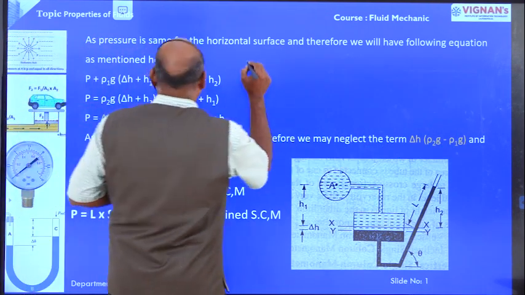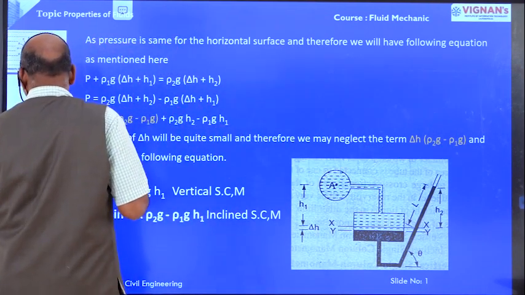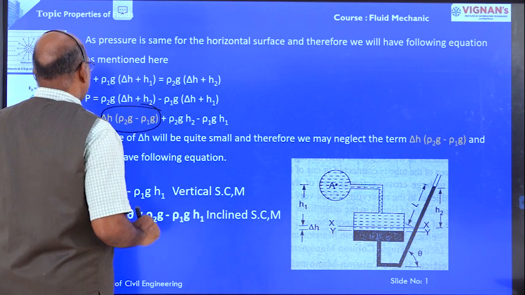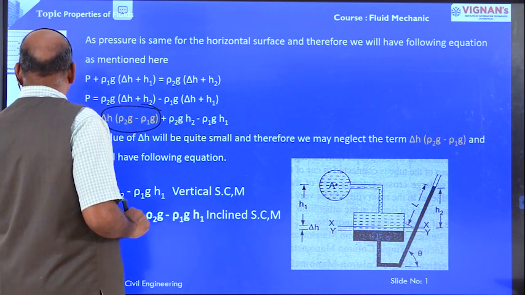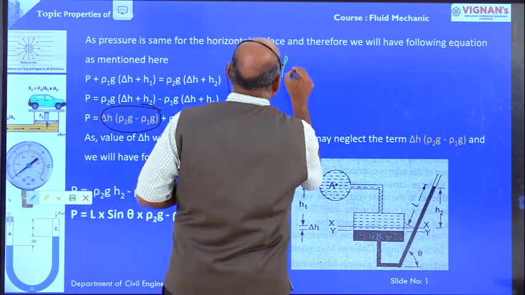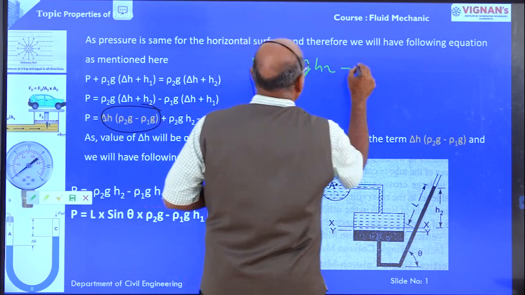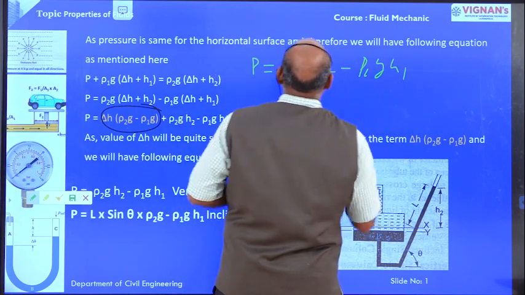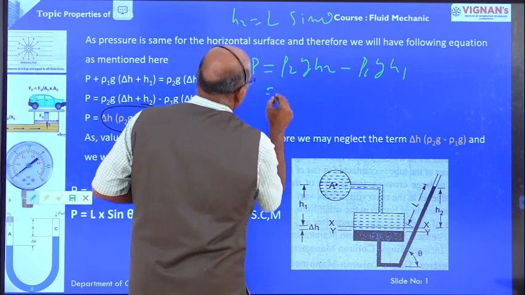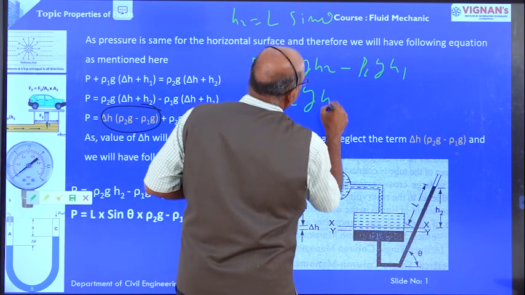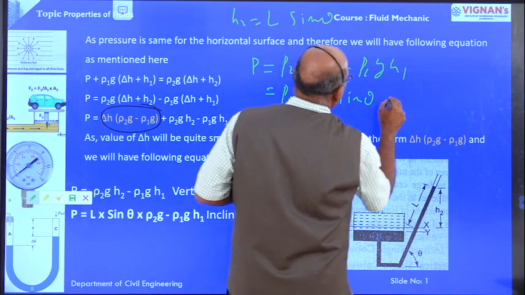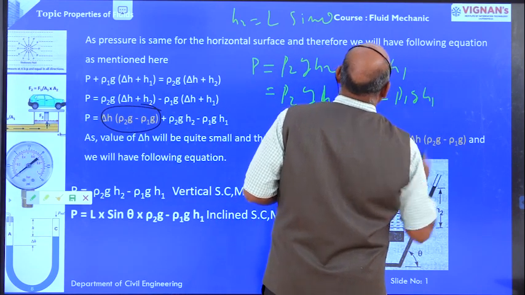Therefore, pressure at point A is equal to rho 2 G H2 minus rho 1 G H1, and in place of H2 we take L sin theta, minus rho 1 G H1.